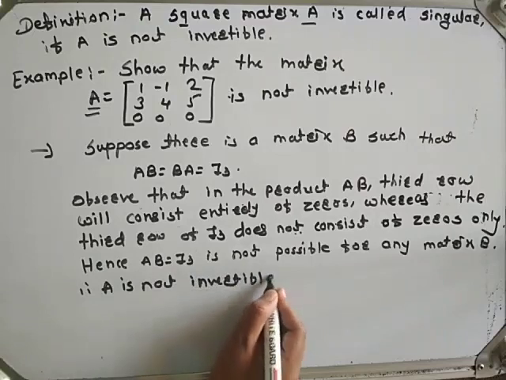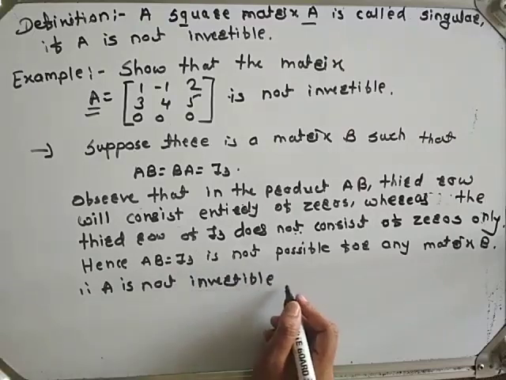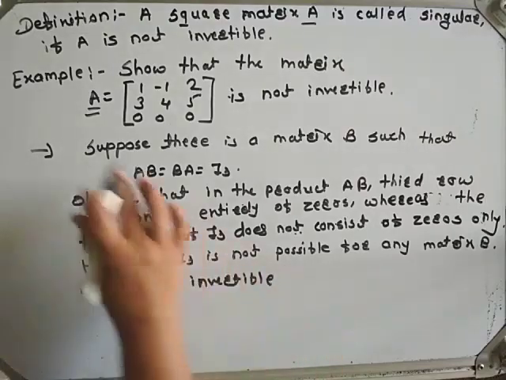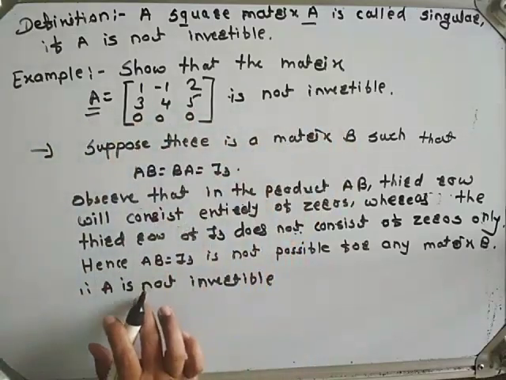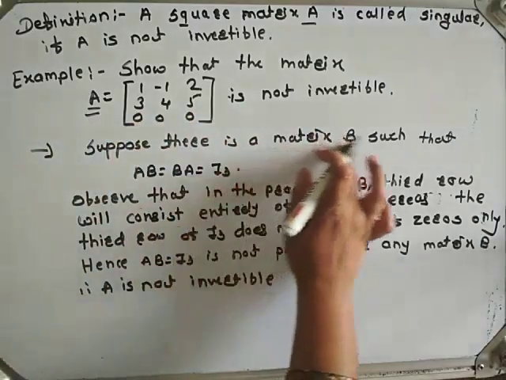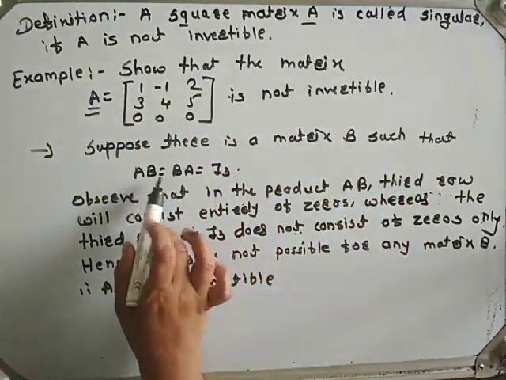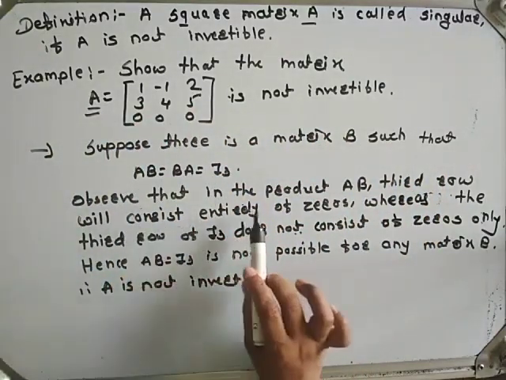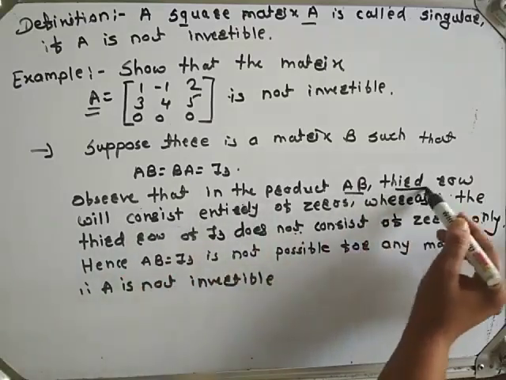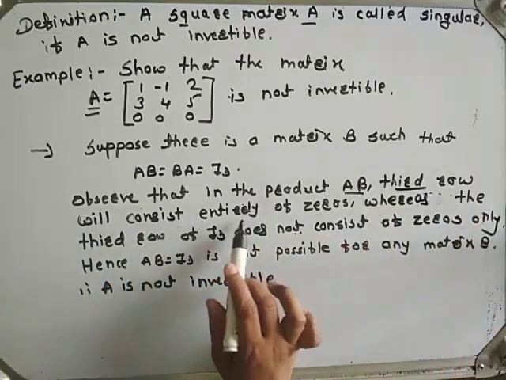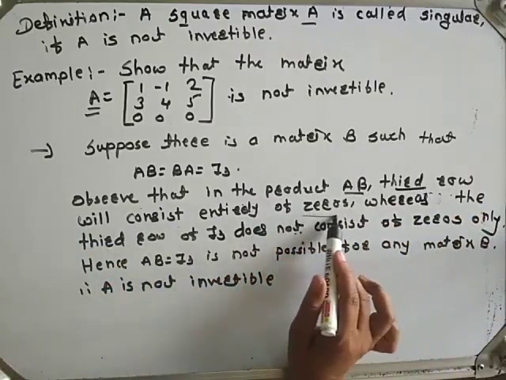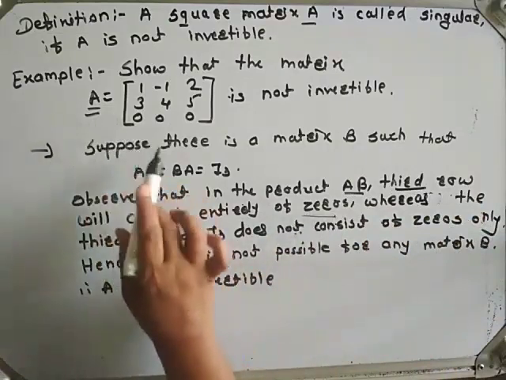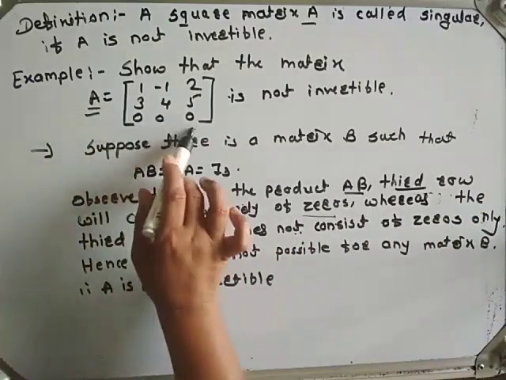Here what we have to show is that A is not invertible. Suppose there is a matrix B such that AB is equal to BA, which is equal to I3. Observe that in the product AB, the third row will consist entirely of 0 because the third row of A is 0.